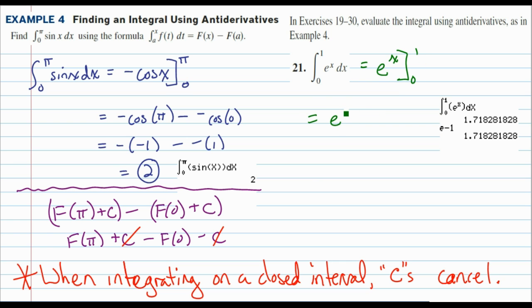So that's e to the first minus e to the 0, which is e minus 1, and that's our answer, e minus 1. It is as simple as that. Once you understand this formula and how it works, you can just use it. And then I checked it on my calculator, and I got the right answer.